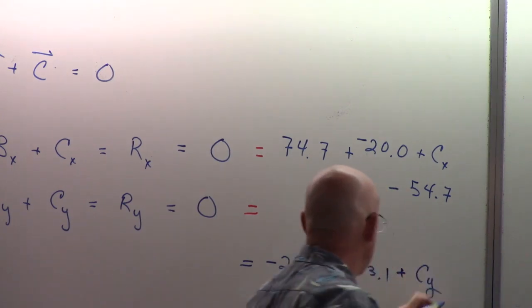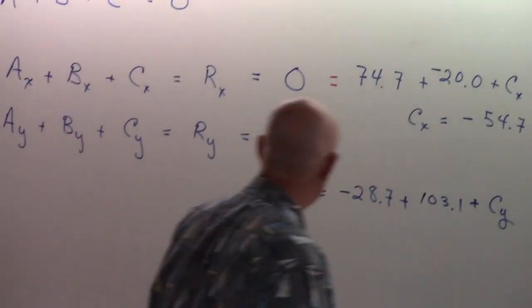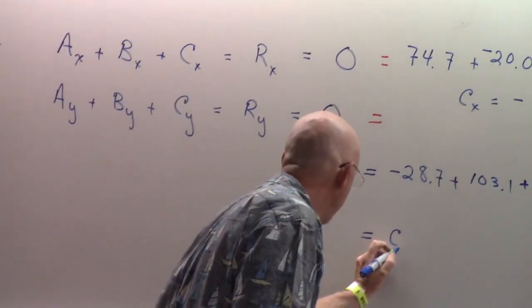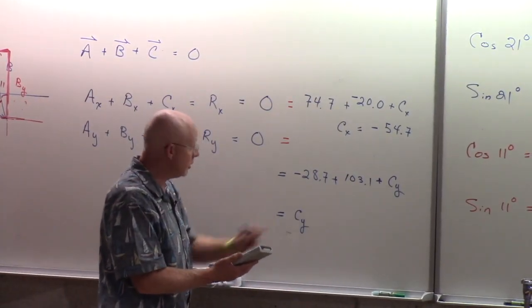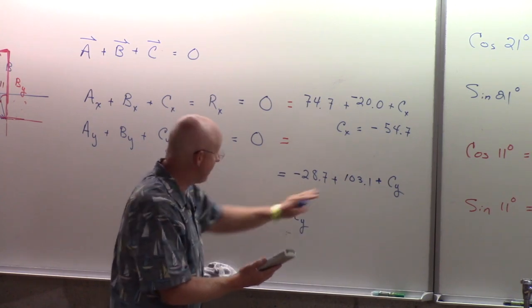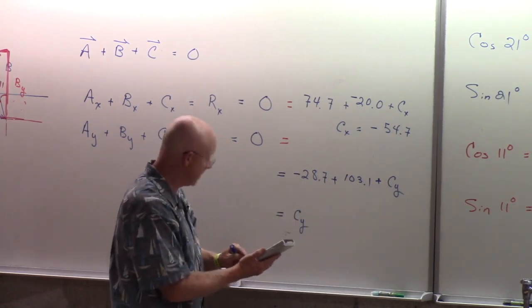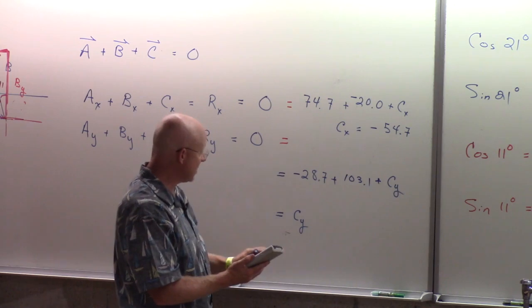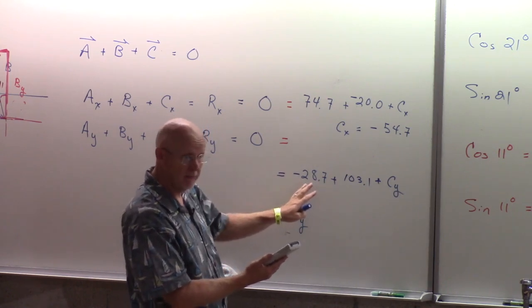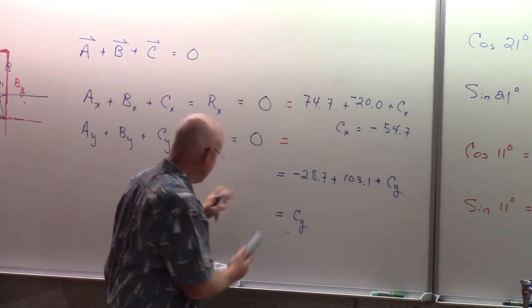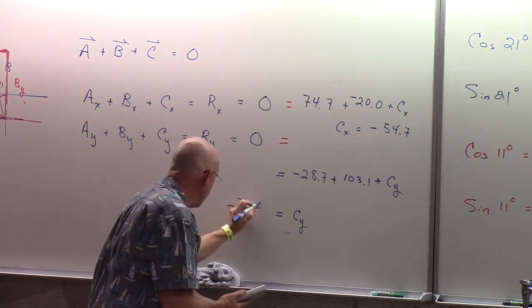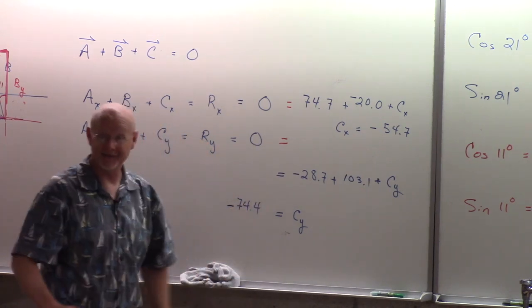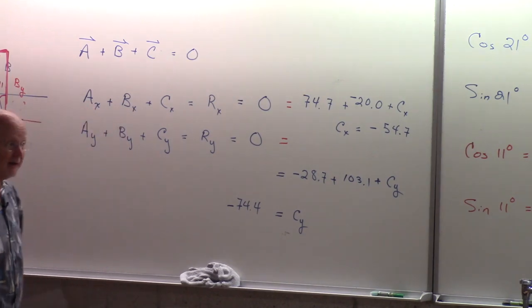And now I can get C sub y. So I'm going to go 103.1 and subtract 28.7. That makes 74.4. I'll move it to the other side, so it's a negative 74.4. Ah, good, negative. Right?